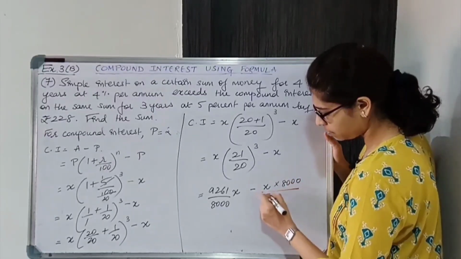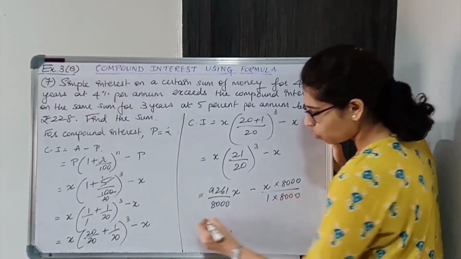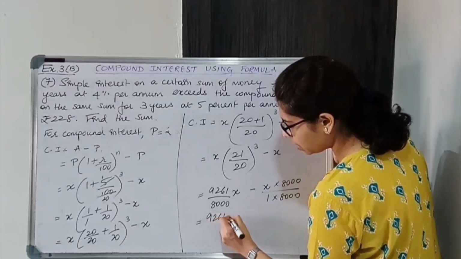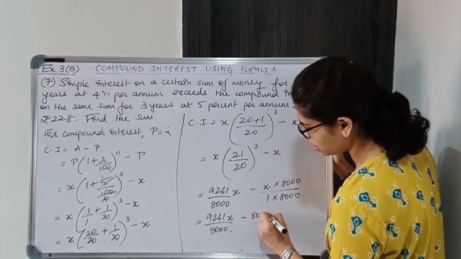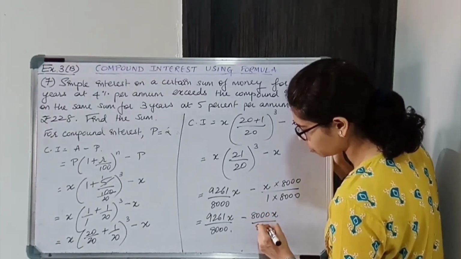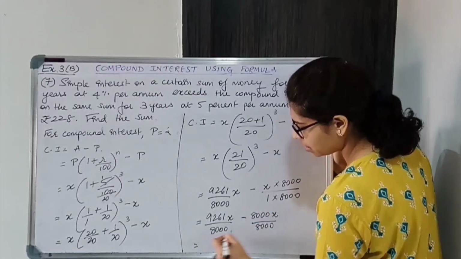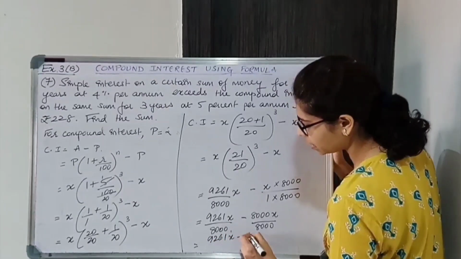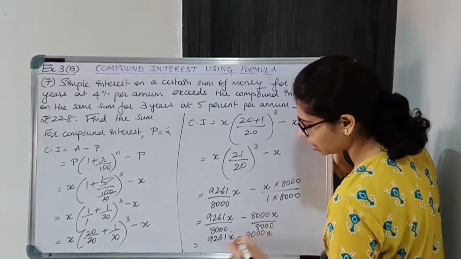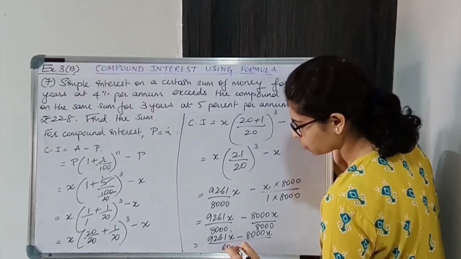Okay, so we get 9261x upon 8000 minus 8000x upon 8000. So that is same denominator हो गया, so we can take common denominator. 9261x minus 8000x upon 8000.